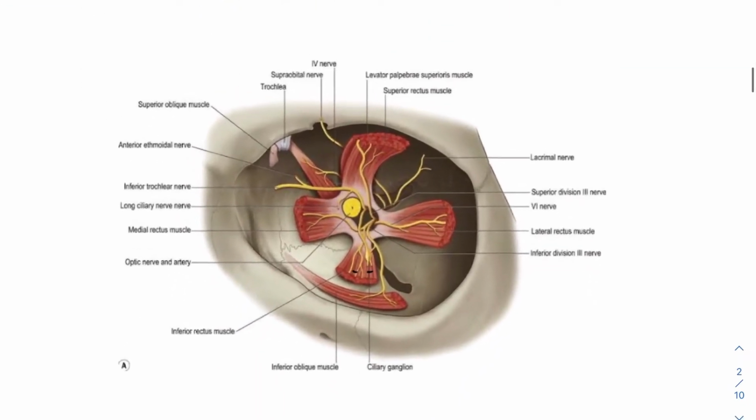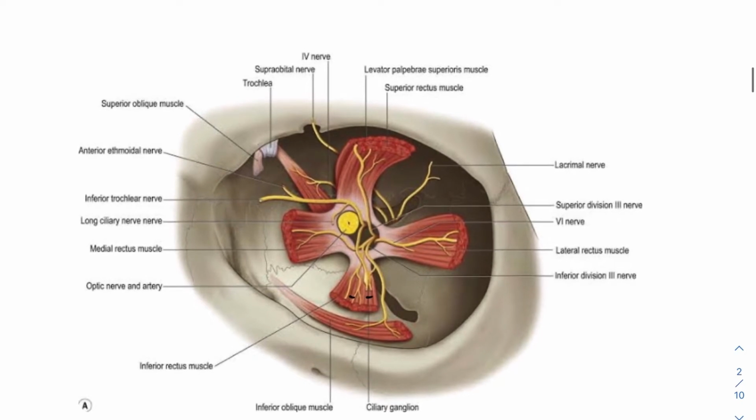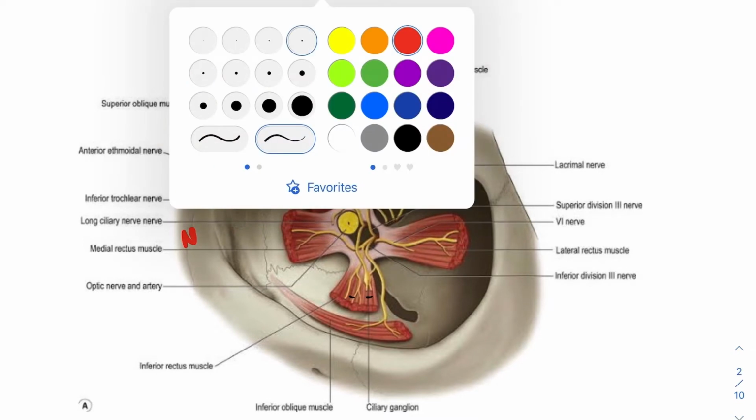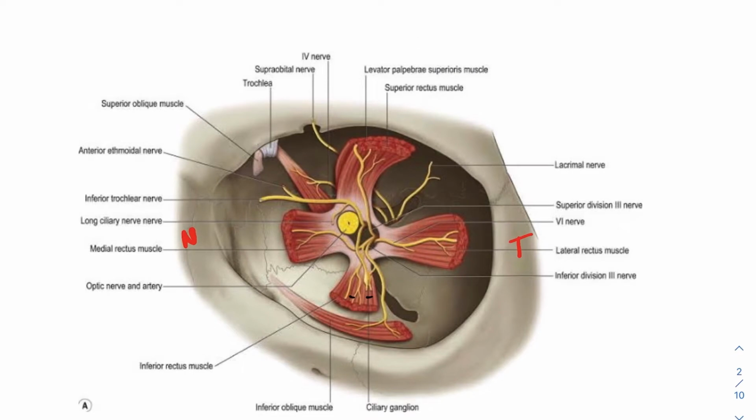Let's see another image here. Here the eyeball is not present, so you can see the side, and this is the temporal side, meaning lateral side. It is a lateral rectus, and this is medial rectus.